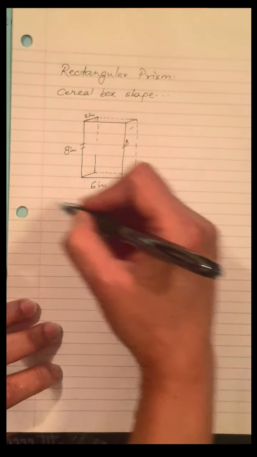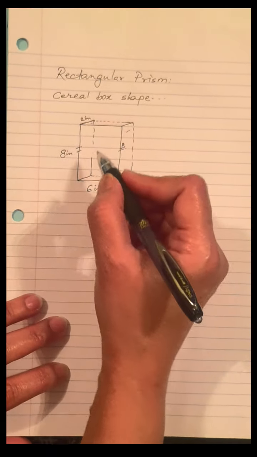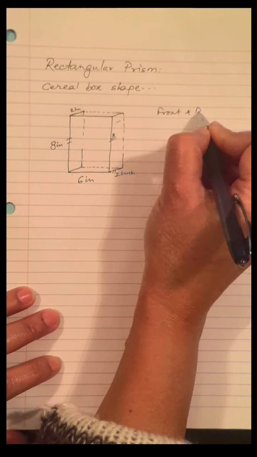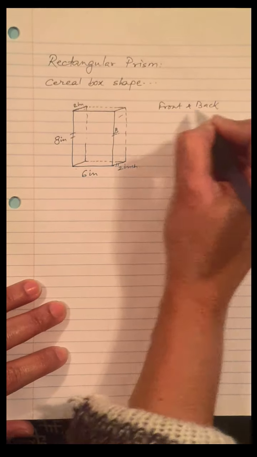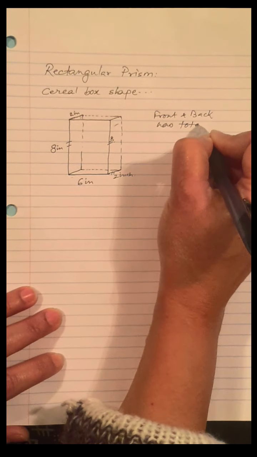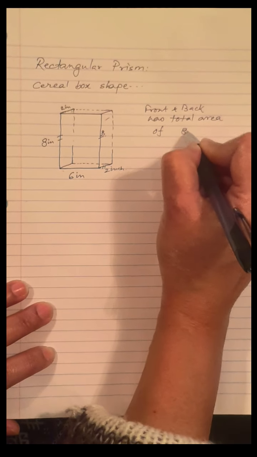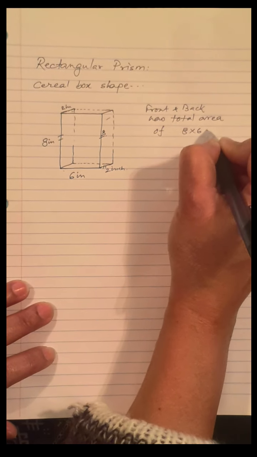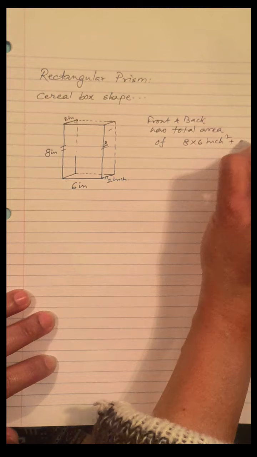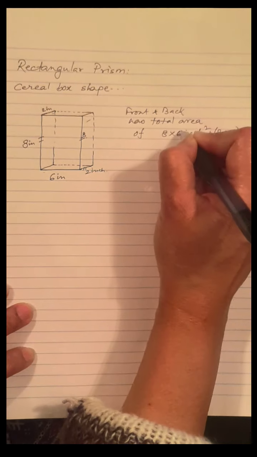So the total area for the box, we have to add all the sides. So the front and back has total area of 8 times 6 inches square plus 8 times 6 inches square, front and back.